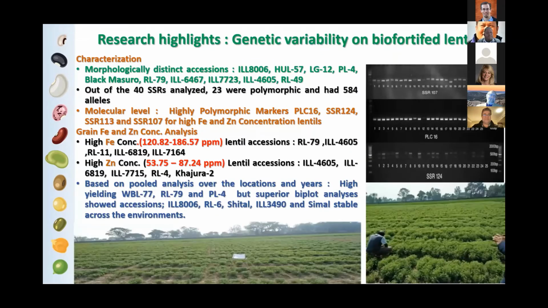Next. And this is also our molecular work with some markers which were highly polymorphic, and some lentil accessions with high iron concentration, 120 to 186, and high zinc concentration lines were there. Next, please.